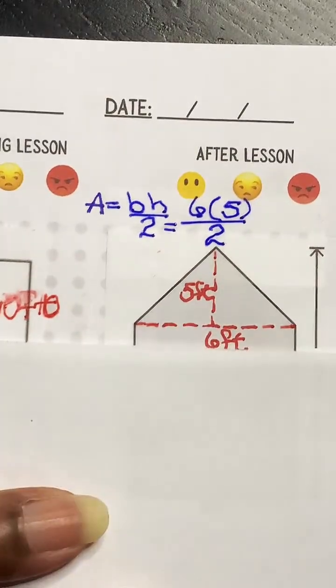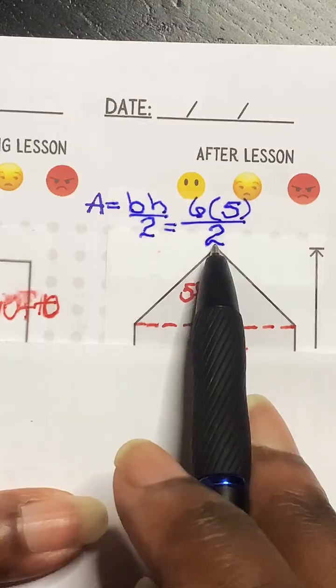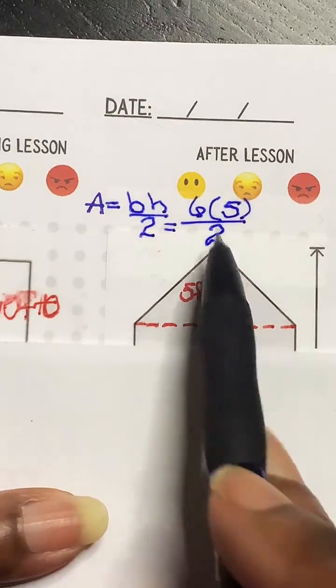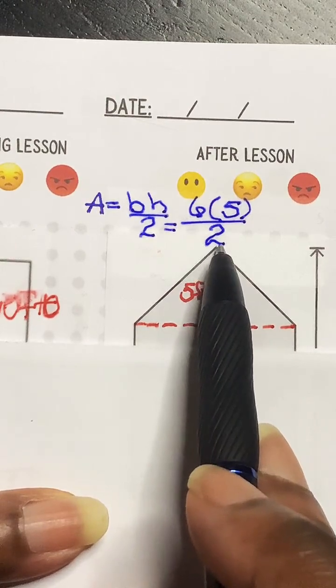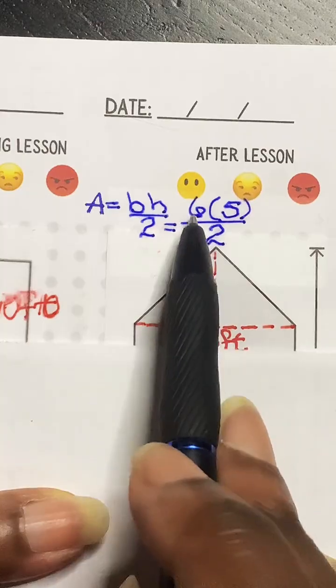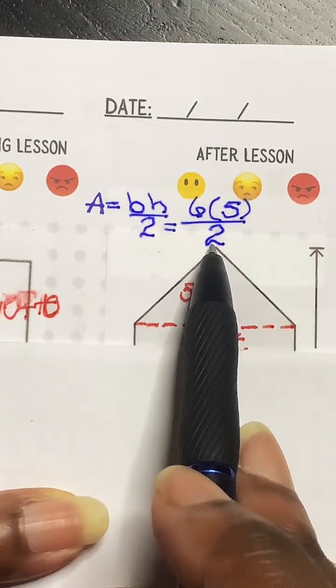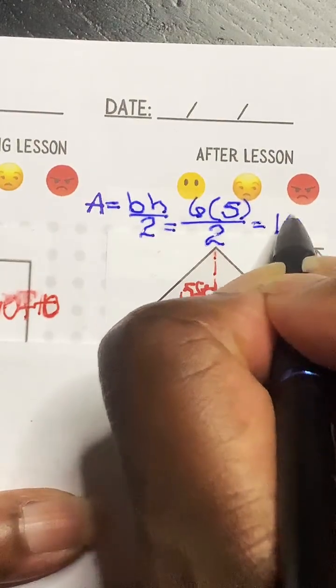Now, we can solve this one of two ways. You can either multiply the 6 and the 5, then divide by 2, or since we got multiplication here and this is division, they're inverses of each other, couldn't we just cancel out the 6 and the 2? Because 6 divided by 2 will give me 3. Then 3 times 5 will give me my 15.